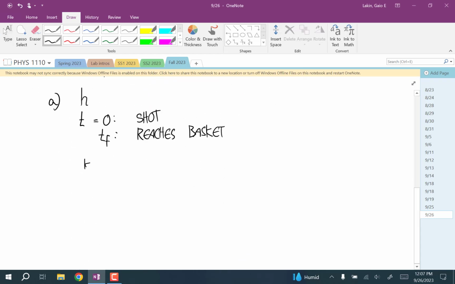Okay, and then we'll figure out what variables we know and what we're trying to find. We don't know time final. The acceleration vector is 0, negative 9.81. P initial, we know PIX is equal to 0, but we're trying to find PIY.